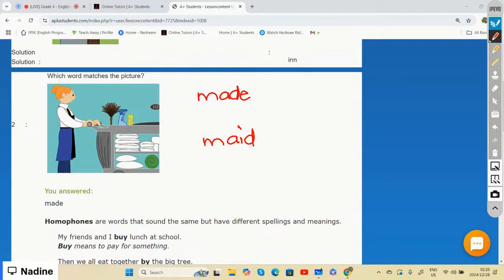If we were to look at the meaning of that word, right? Or, let's say, the meaning of the picture that you can see, it is a person that either cleans houses, cleans rooms. It's a person that cleans.